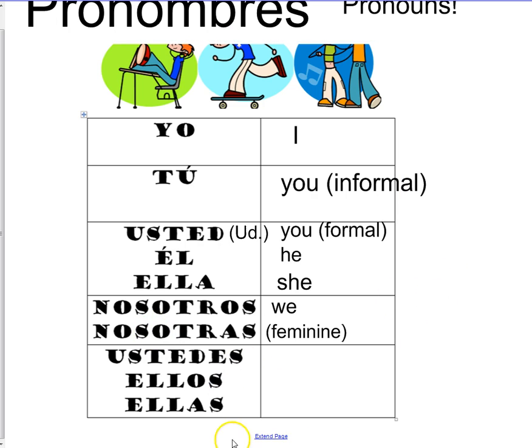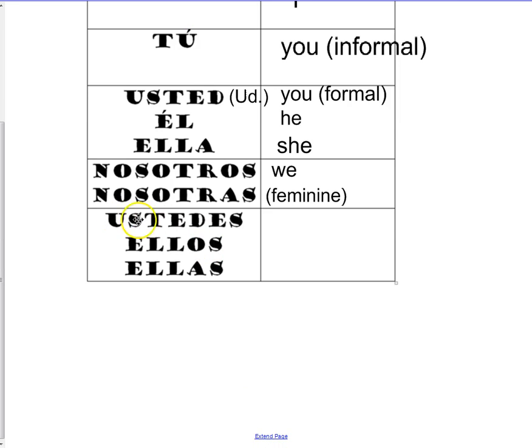Cool. The last three here, starting off with this one, ustedes. Ustedes looks like usted, it's just the plural form of it. It doesn't really mean the same thing. It's not formal. Okay, that's the first thing we got. And what it does mean is it means you also, but it is plural, you plural. Okay.